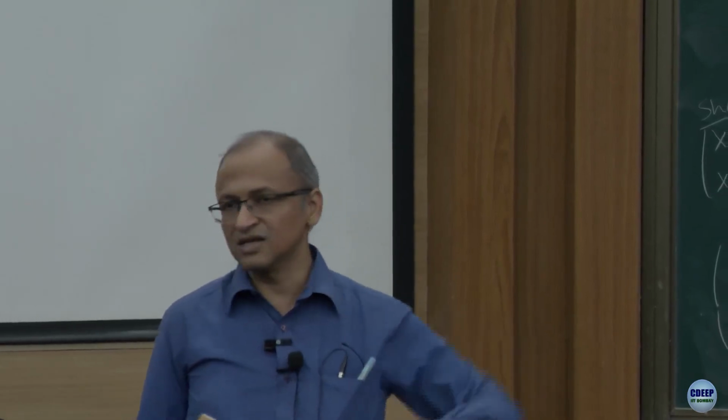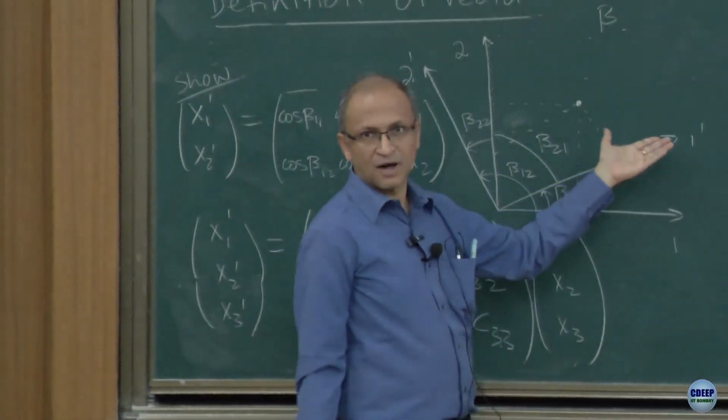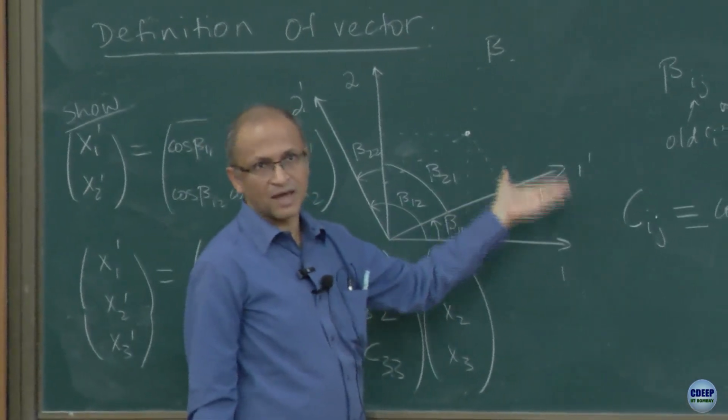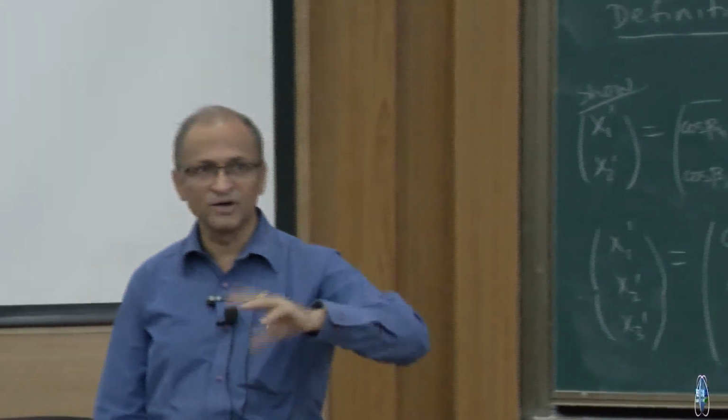Okay, so what does it mean? How do we use this information practically? If I am claiming that this is a vector, people say time is a vector, it's not a vector, you can resolve it in this manner very easily. If time is a vector, then let us take some arbitrary coordinate system. I can have the components of whatever that physical quantity is on that coordinate system. Now I rotate that coordinate system by an arbitrary amount, and I know that for a vector, it should satisfy this rule.